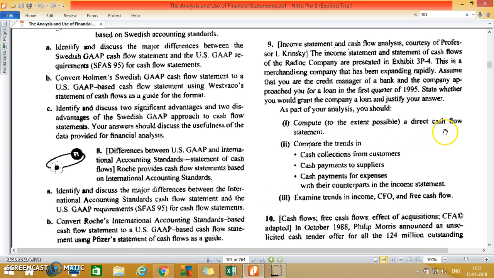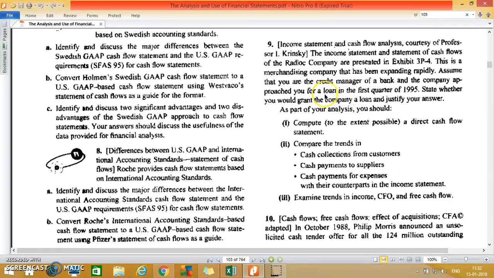The cash flow statement as per the direct method. 2. Compare the trends for the cash collections from customers, cash payments to the suppliers, cash payments for expenses, and any other element that we think is important. And examine the trends in the income, CFO, and free cash flow.